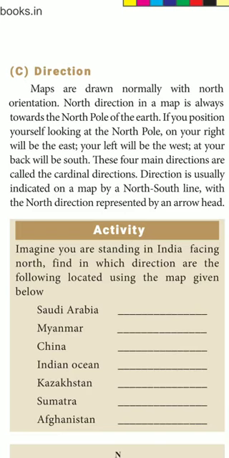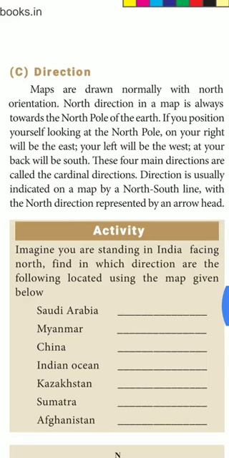These 4 main directions are called the cardinal directions. So what are called cardinal directions? Someday they may ask this in one word, so please underline this also. The 4 main directions are called the cardinal directions. Okay. What are the 4 main directions? That is north, south, east and west.